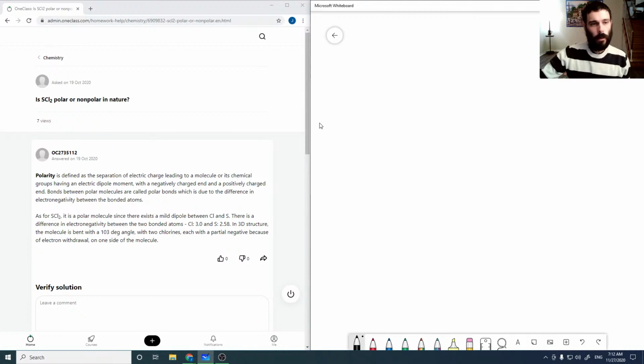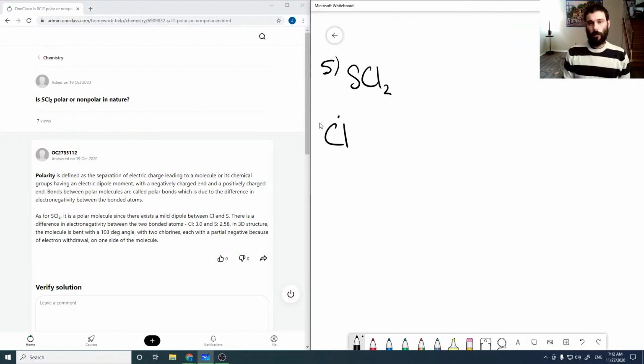Okay, so for my fifth one here, it asks, is SCl2 polar or non-polar? So first off, we're going to start by drawing our Lewis structure.